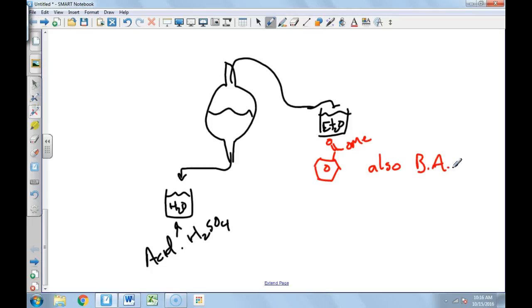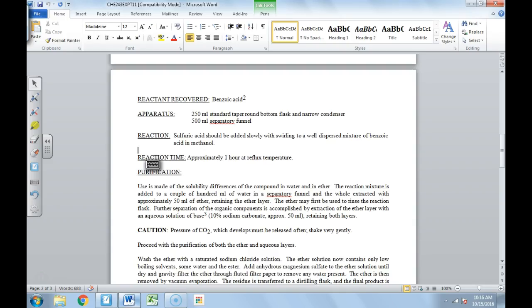The benzoic acid is likely going to be dissolved in the ether layer rather than the water layer. There may be a little bit of benzoic acid here, but not a lot. So in that first separation, there's not going to be a ton of benzoic acid.